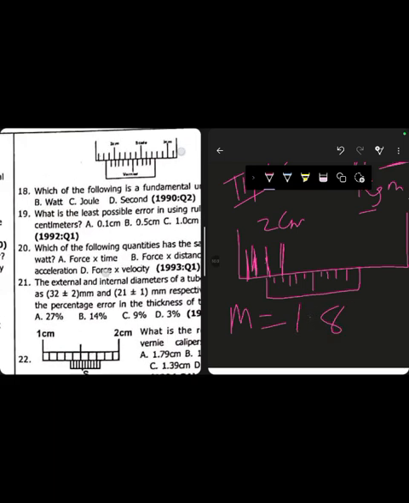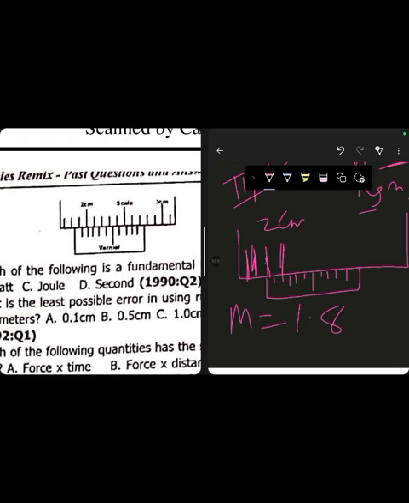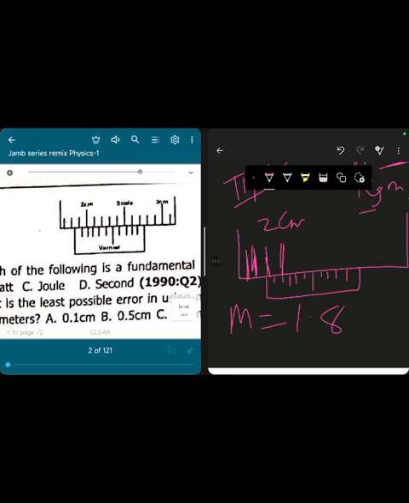Now on the vernier scale, we have to zoom in to see where it touches the main scale. Let me count. 1, 2, 3, 4, 5, 6, right? Here is 0 already. It's supposed to be 10 divisions, so we have to count to make sure we have 10 divisions.